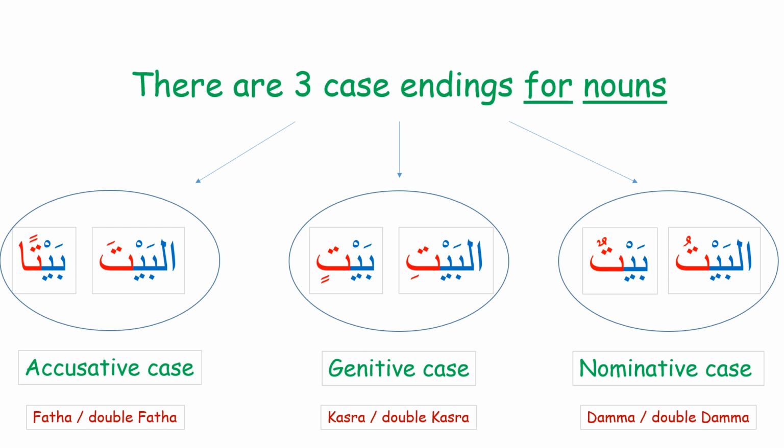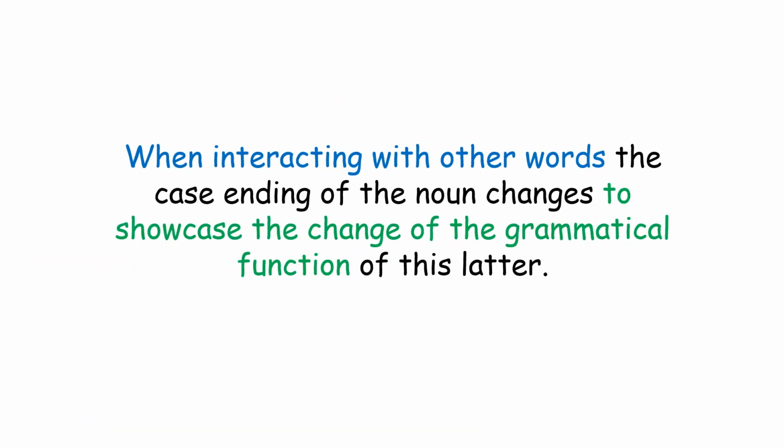So again, there are 3 cases for nouns in the Arabic language: the nominative case, the genitive case, and finally the accusative case. And here it stands to reason to ask why the case ending changes. Well, the reason behind this variation in terms of case ending is due to the interaction of the noun with other words. This will cause a change in its grammatical function, thus its case ending.